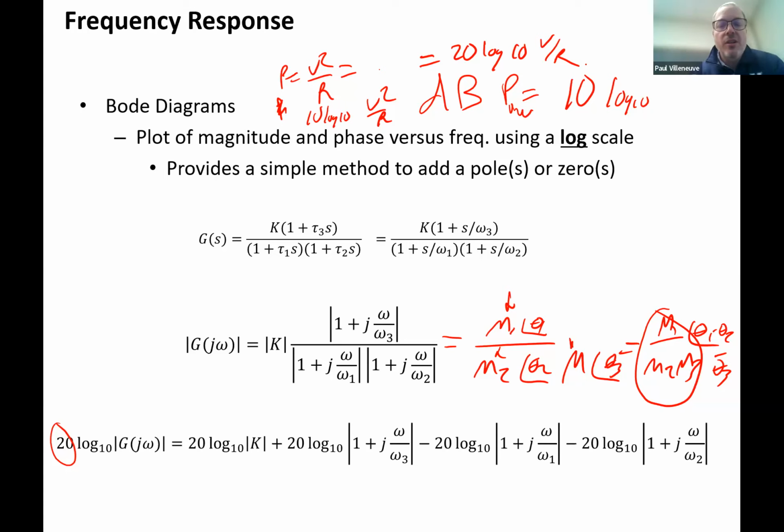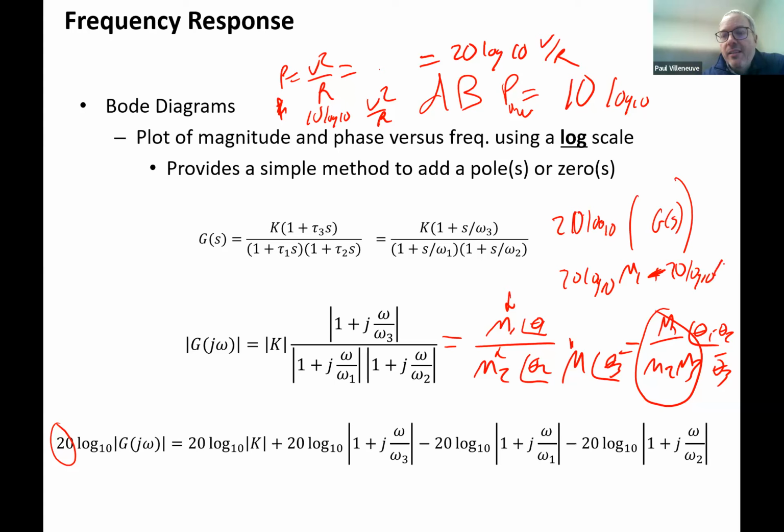So if we use 20 log 10 over here, instead of doing this one, we do 20 log 10 of our G, I'll just call it G of S. What we're going to do now is when we have the 20 log 10, we're going to add or subtract our magnitudes.